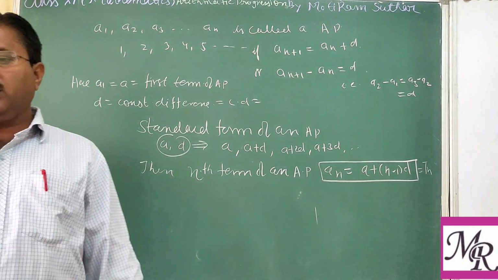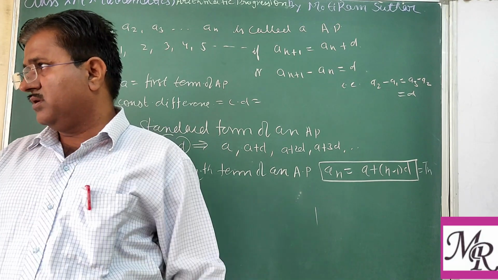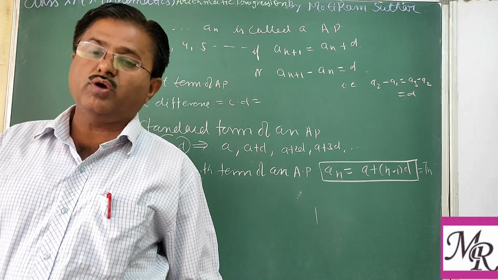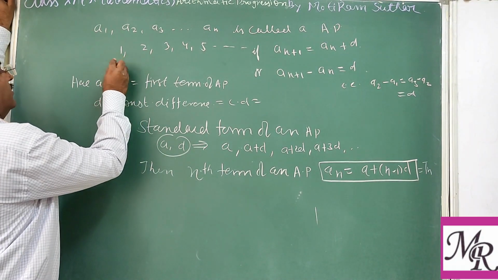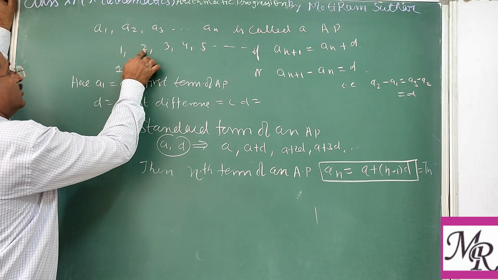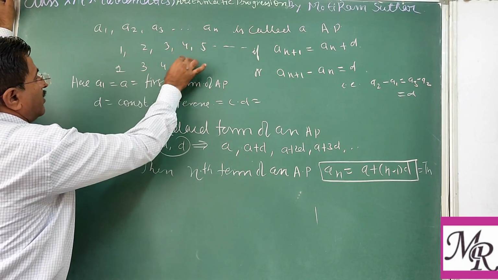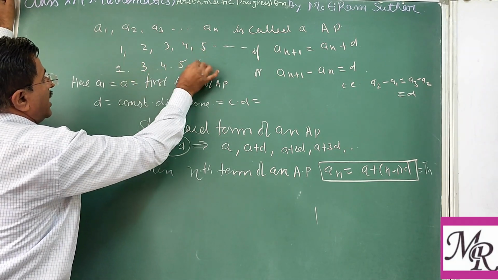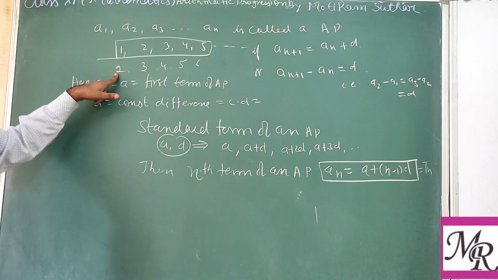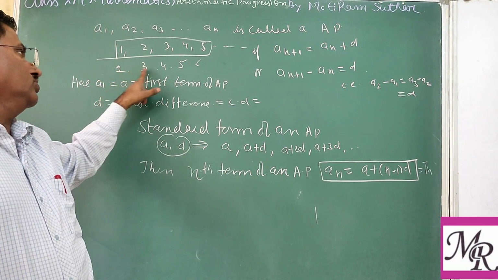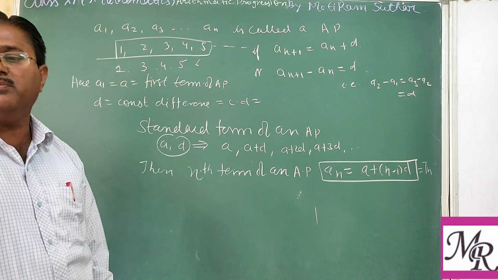If we add 1 to each term, we get 1 plus 1 is 2, 2 plus 1 is 3, then 4, 5, 6. So we get the resulting sequence 2, 3, 4, 5, 6, which again forms an AP. This is a very important property.